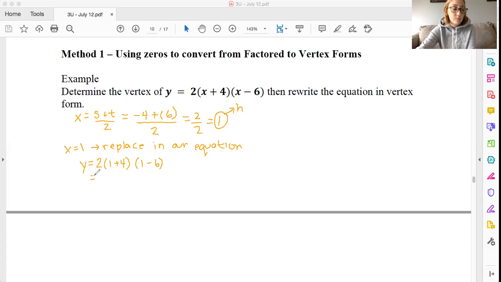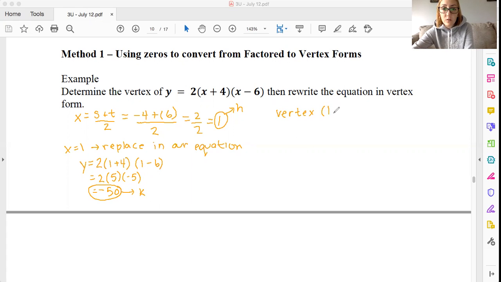Okay, and that leaves us with 2 times 5 times -5, which is -50. I know it says that it's our y, but in terms of our vertex, that's our k value. So that means that our vertex is the point, and we've seen this before, the point (1, -50), where this is our h and this is our k.